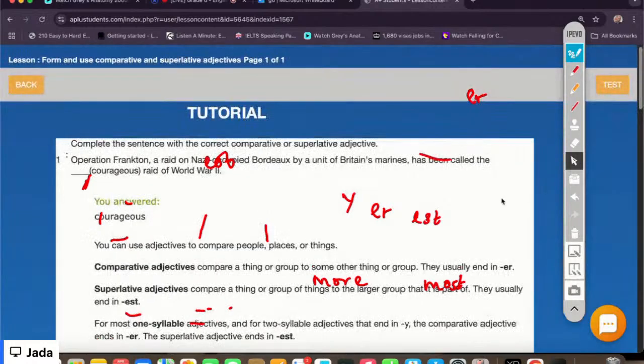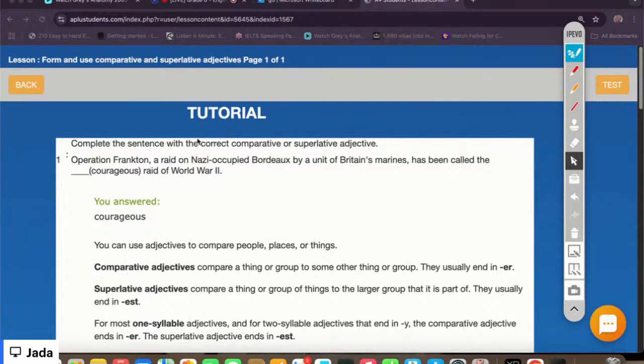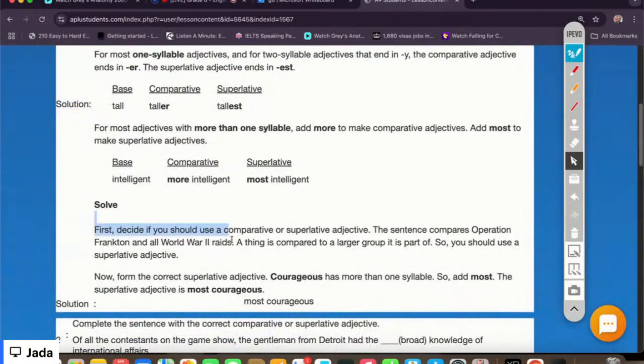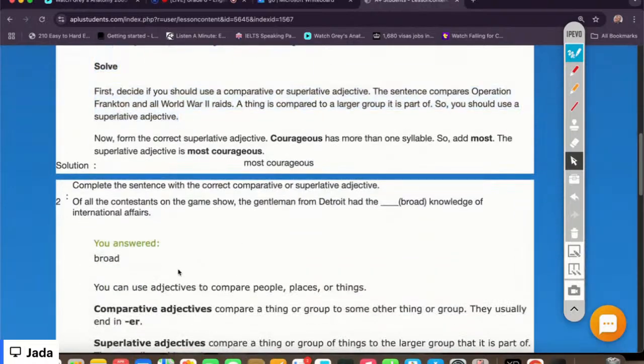All right, so let's look at some examples. Complete the sentence with the correct comparative or superlative adjective. Of all the contestants on the game show, the gentleman from Detroit had the dash knowledge of international affairs. So we have broad.